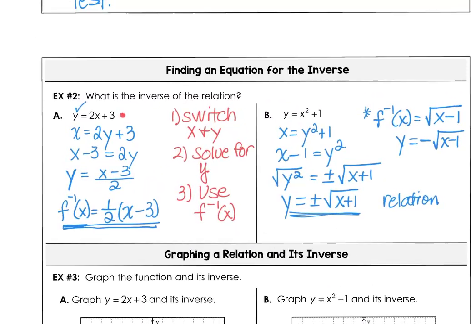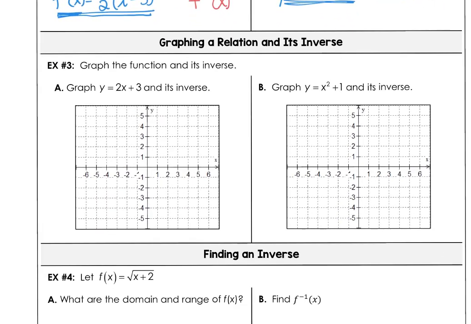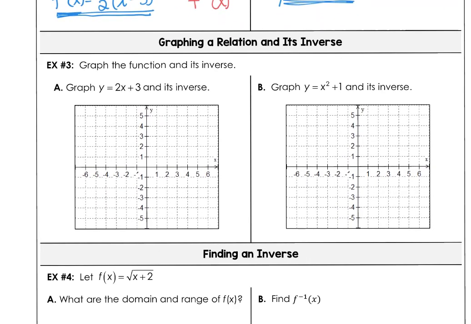So you can see we're going to graph 2x plus 3 and its inverse in example 3 right here. So graphing 2x plus 3, the y-intercept's at (0, 3), and the slope is 2. So this is our function, y equals 2x plus 3.